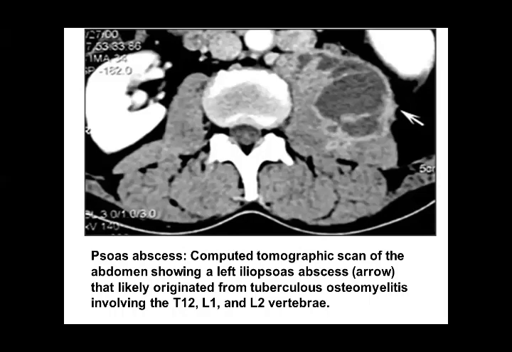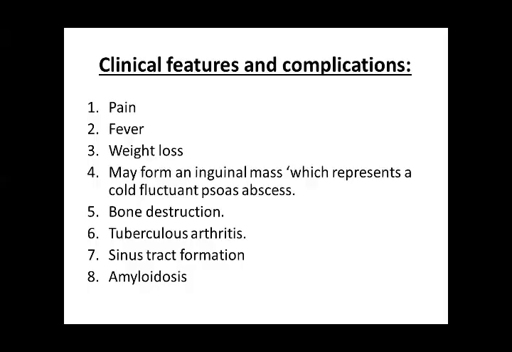The arrow is marked; it likely originated from tuberculous osteomyelitis involving T12, L1, and L2. Clinical features: pain, fever, weight loss. They may form an inguinal mass which represents a cold fluctuant psoas abscess, bone destruction, tuberculous arthritis, sinus tract formation, and myelinosis. Myelinosis is always there in a chronic condition.